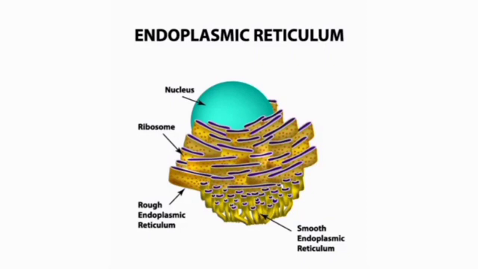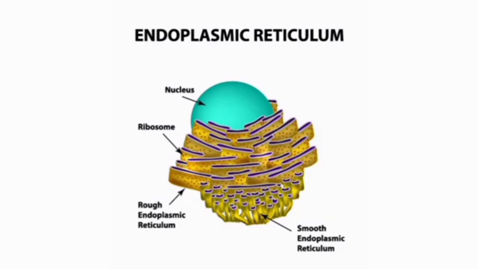Rough endoplasmic reticulum contains ribosomal particles due to which its surface is rough. The ribosomes are the sites of protein synthesis. Smooth endoplasmic reticulum helps in the manufacture of fats or lipids. It is formed of vesicles and tubules. Its surface is smooth due to the absence of ribosomes.